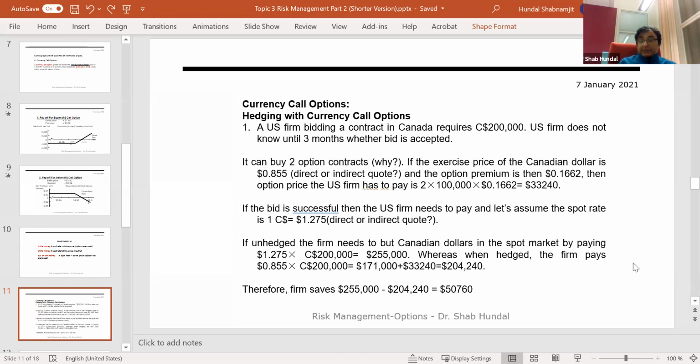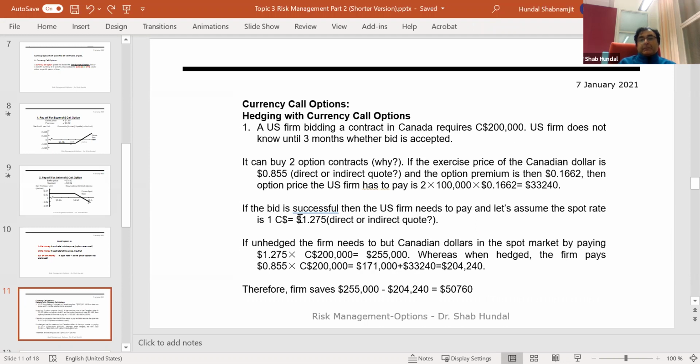Also remember the premium, otherwise this contract will not be signed. So altogether, if I add the exercise price plus the total premium, your total cost is 204,240.